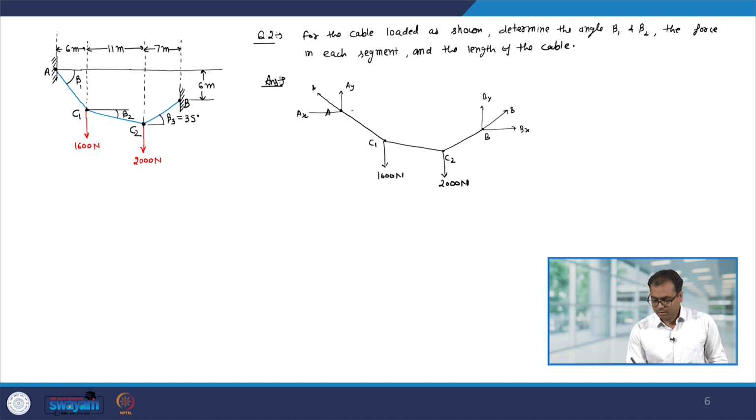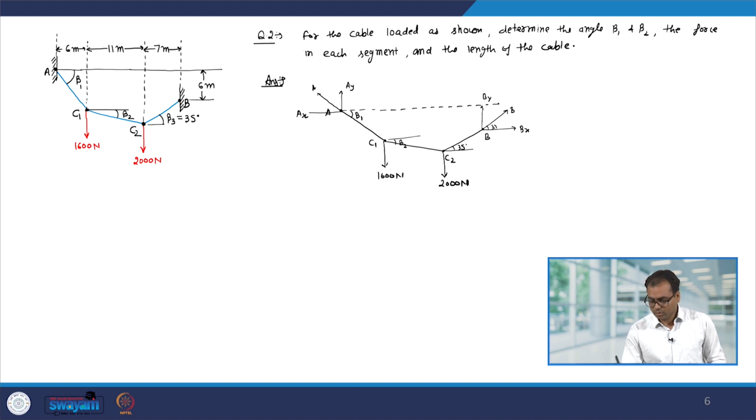Now, the geometrical parameters are given. So, this angle is beta 1, this is beta 2, this is 35 degree.